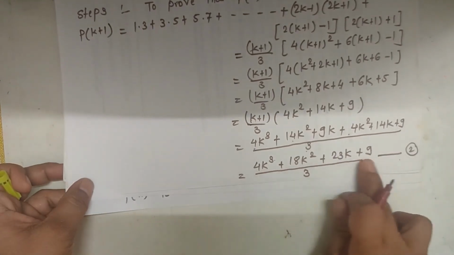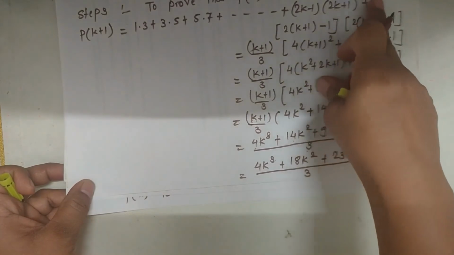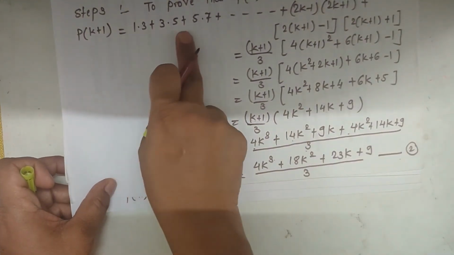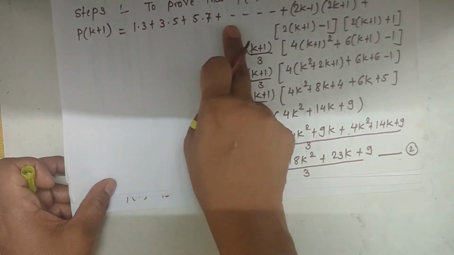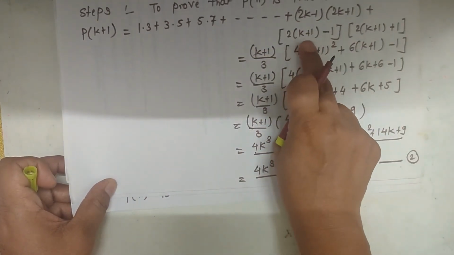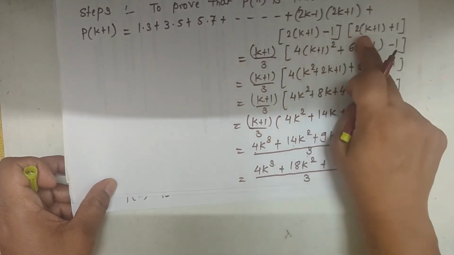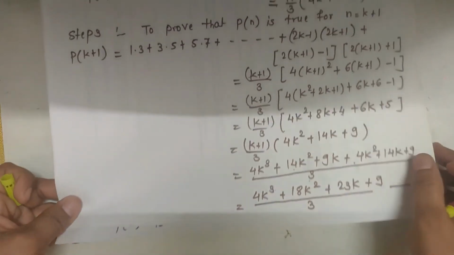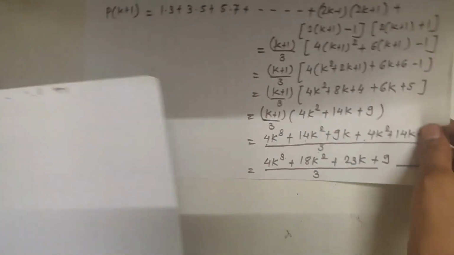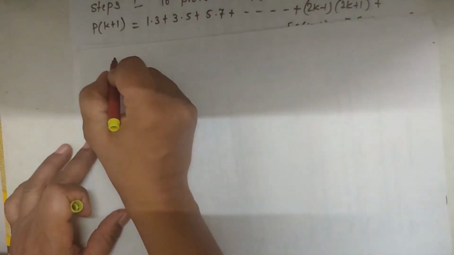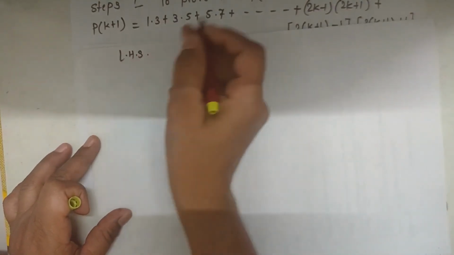So this is the RHS of n is equal to k plus 1, and this is LHS: 1 into 3 plus 3 into 5 plus 5 into 7 up to 2k plus 1 minus 1 and 2k plus 1 plus 1. Now consider the LHS of this statement, n is equal to k plus 1.